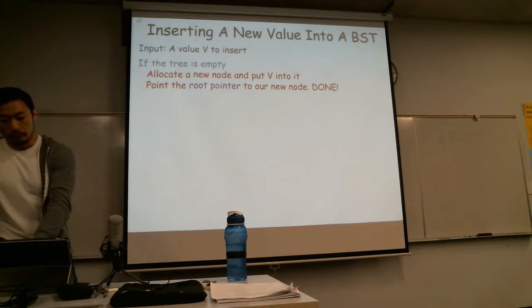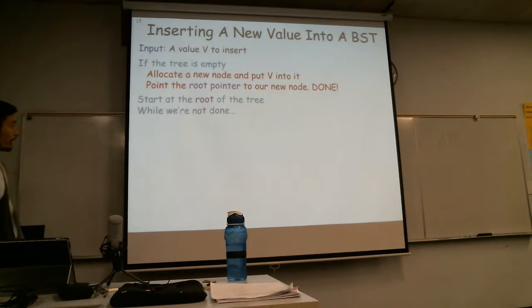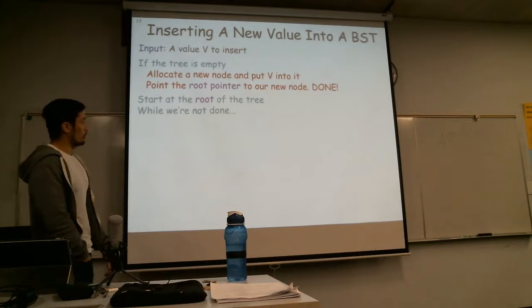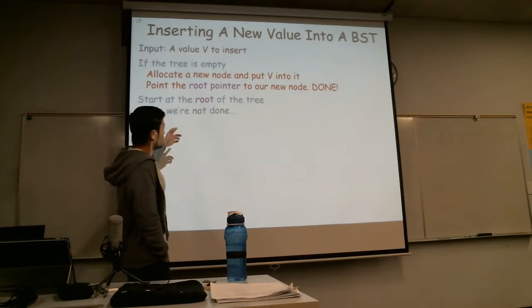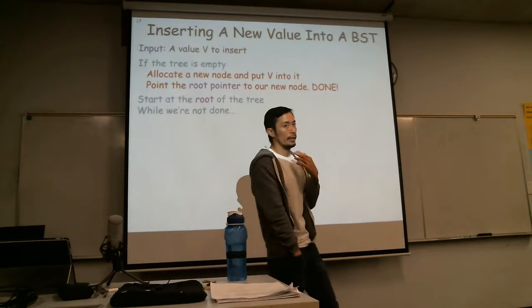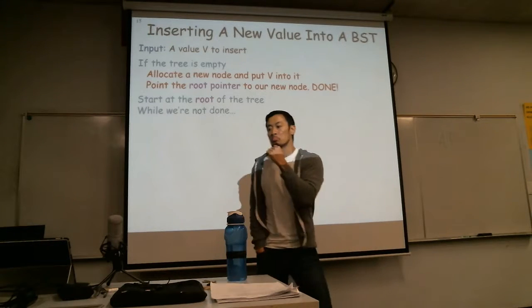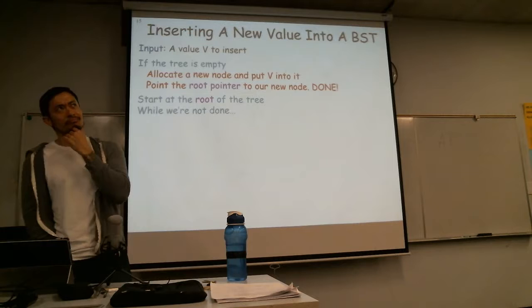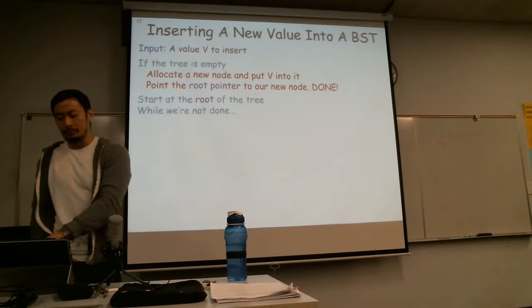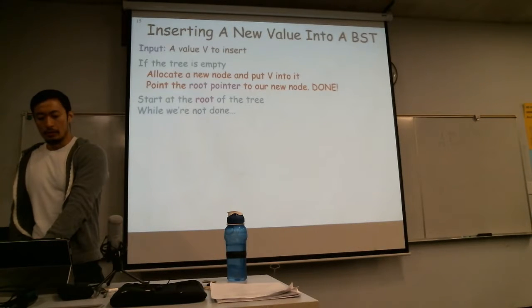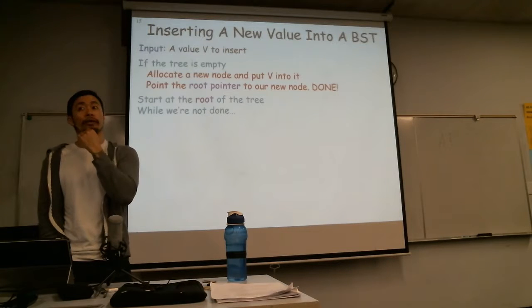Okay, and so suppose the tree is not empty, and so we start at the root, and then we do some looping, but what questions do we ask? If it's bigger than or less than something, and then when it's not equal. You have to move things over. Well, be careful. We're not actually doing any moving here.